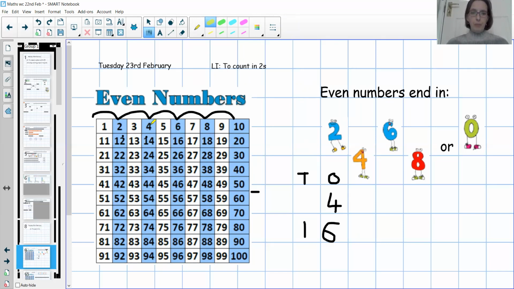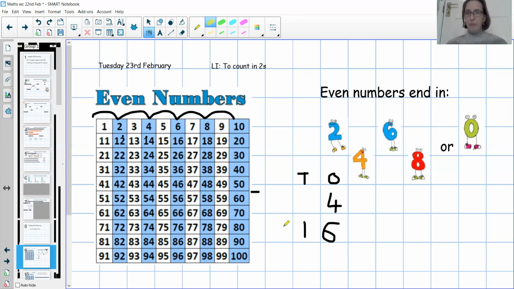In this column, the ones digit is always a 4. The number of tens is getting bigger by 1 every time we go down a row, but the ones digit is always a 4 in this column. In this column, the ones digit is always a 6. And in this column, the ones digit is always an 8. And in this final column, the ones digit is always a 0.